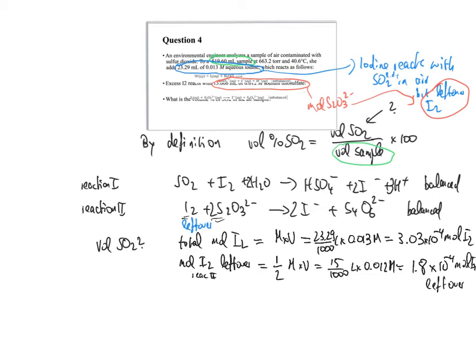Now, in order to get some information here, we look at those two numbers and we know we need to subtract them. So we can calculate the moles of I2 that reacted with SO2. And that is just the difference between them.